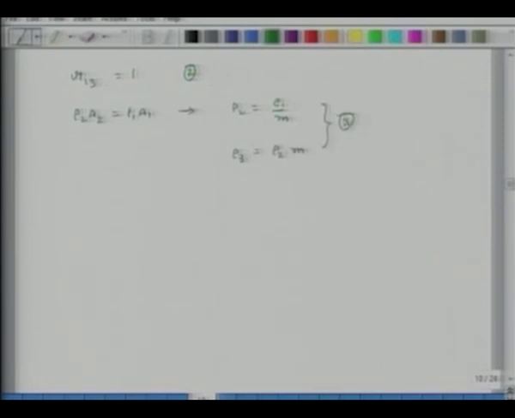I also want to find how C, the velocity of sound, is behaving in each of these chambers. So we know that P1 V1 equals P2 V2, which gives me P2 equals P1 V1 over V2 equals P1 over m, and similarly P3 equals P2 times m.